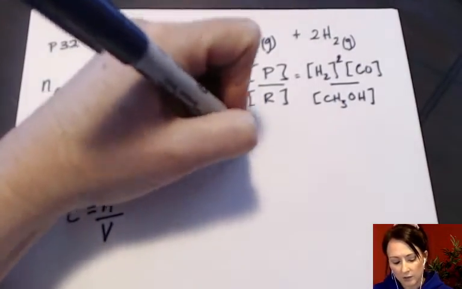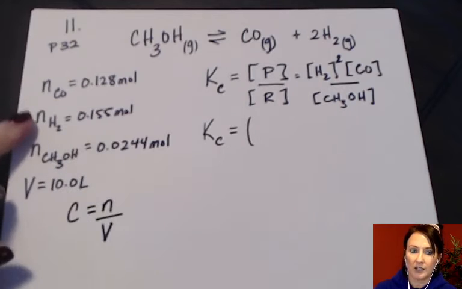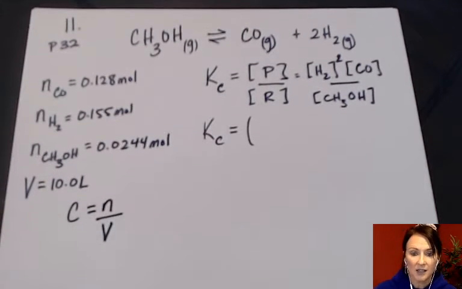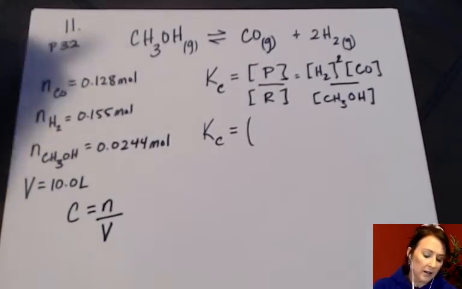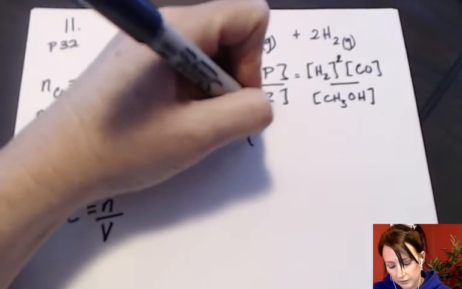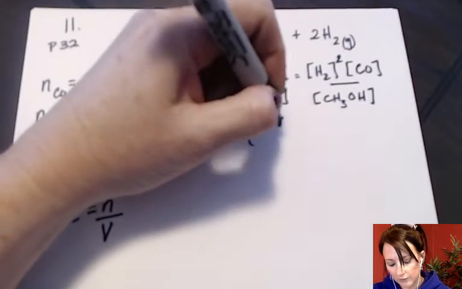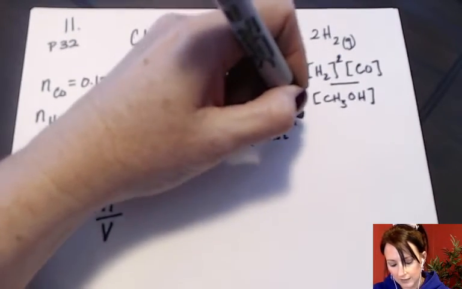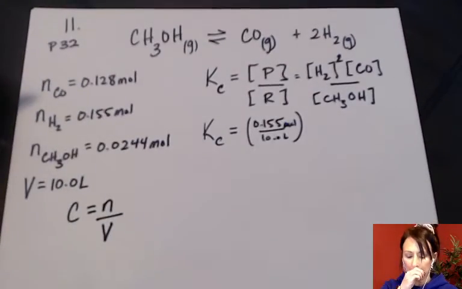Now, if you want, you can do all this in one step, or you could calculate each of these concentrations separately and then put that into your Kc. It's really up to you. Whatever you decide is easier for yourself. So 0.155 moles divided by 10 liters. I'm going to do it all in one step.